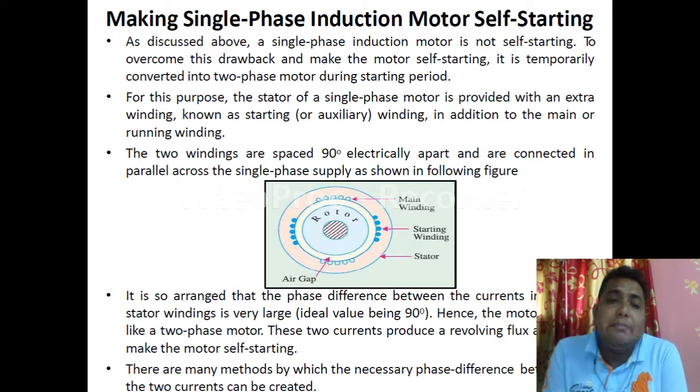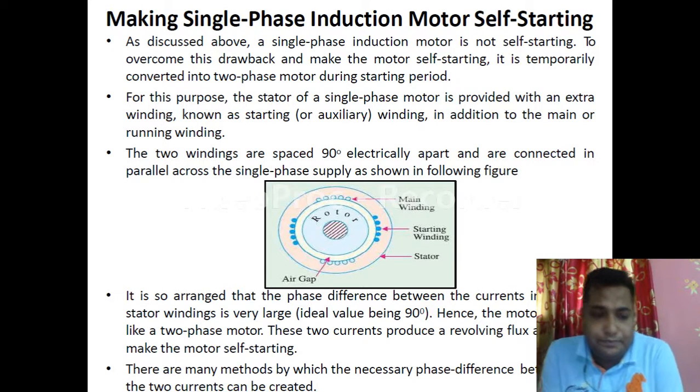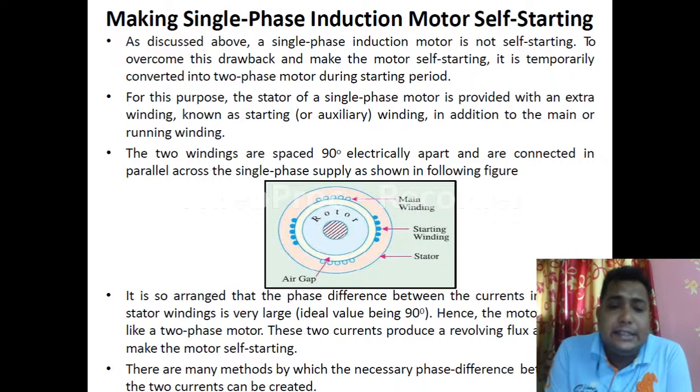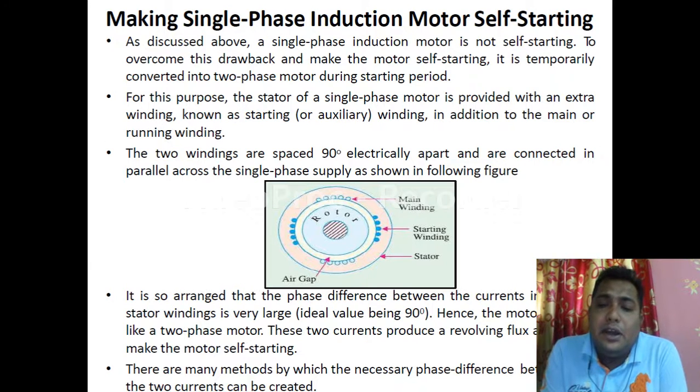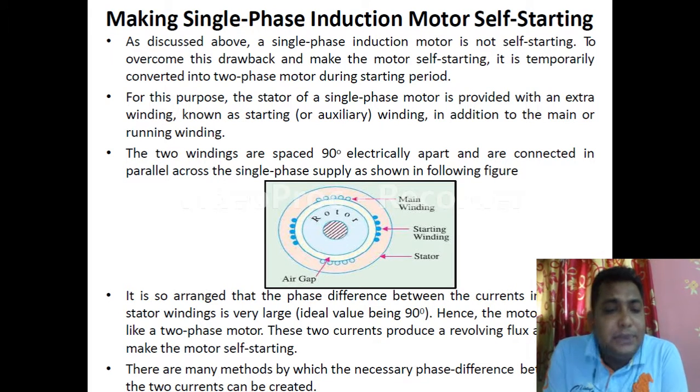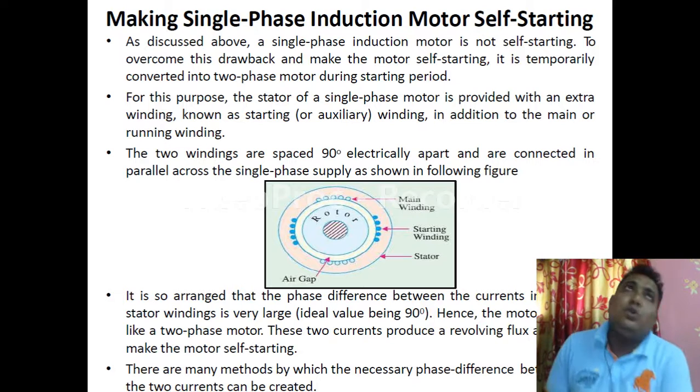These two windings are placed 90 degrees electrically apart and are connected in parallel across the supply as shown in the figure below. It is arranged so that the phase difference between the currents in the two stator windings is very large. Hence, the motor behaves like a two-phase motor. These two currents provide a revolving flux and hence make the motor self-starting. There are many other methods by which we can do the same thing.